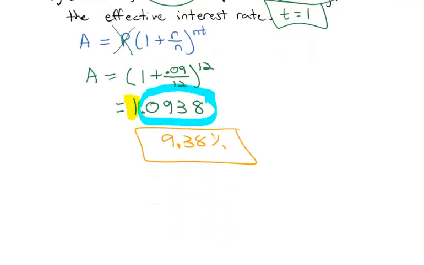One last type of interest I want to take a look at before we get away from lump sum interest is this thing called continuous interest. Continuous situations have to do with when we have an infinite number of compounds.